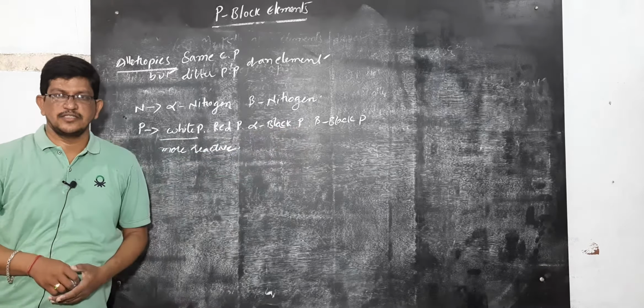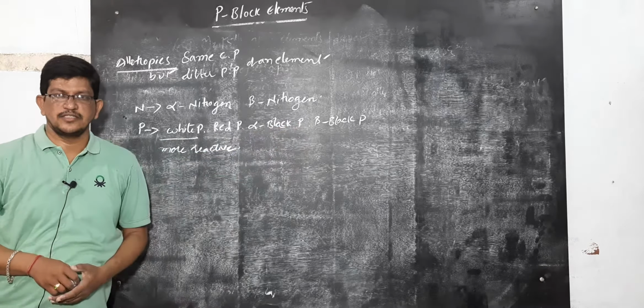White phosphorus contains a structure like this. But red phosphorus contains a structure like this.